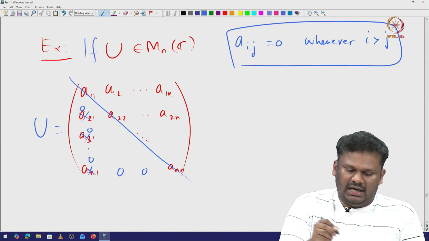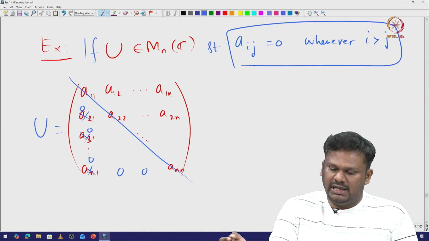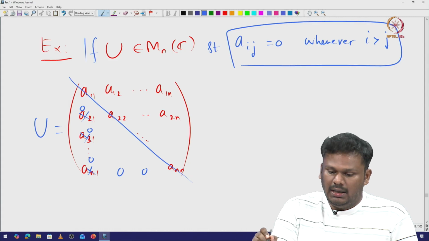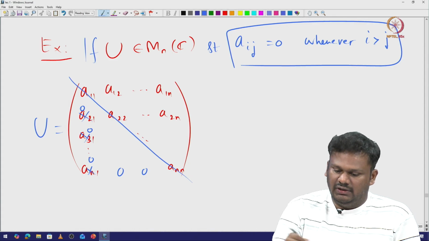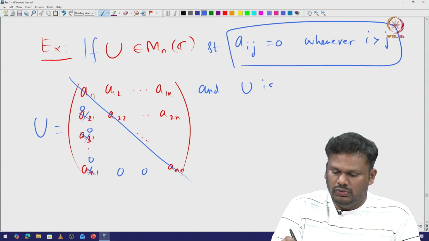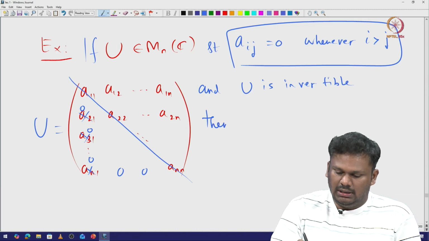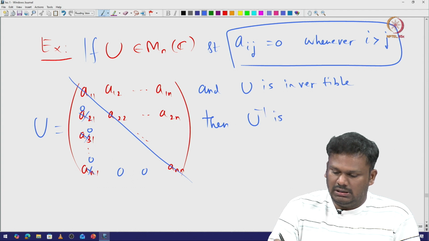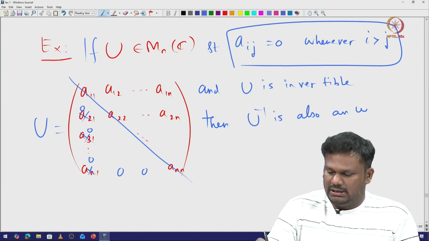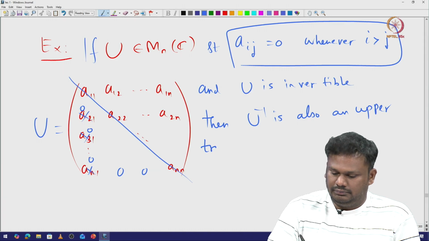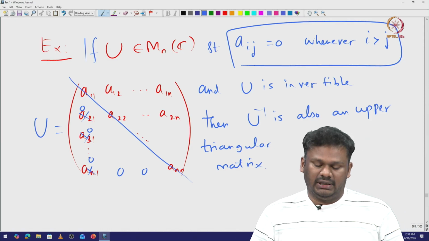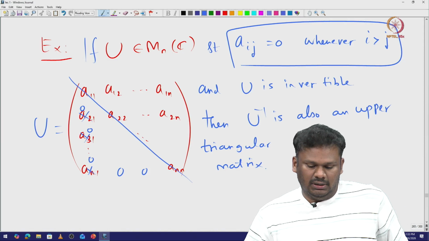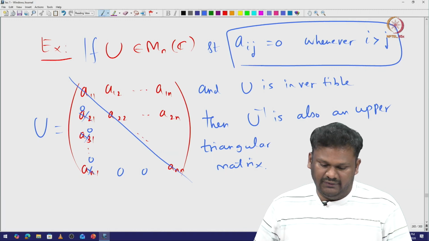Suppose we are given U such that Aij is equal to 0 for i greater than j, and U is invertible. Then it is not hard to see that U inverse is also an upper triangular matrix. This is an easy fact one can verify using the definition of the inverse of a given matrix.